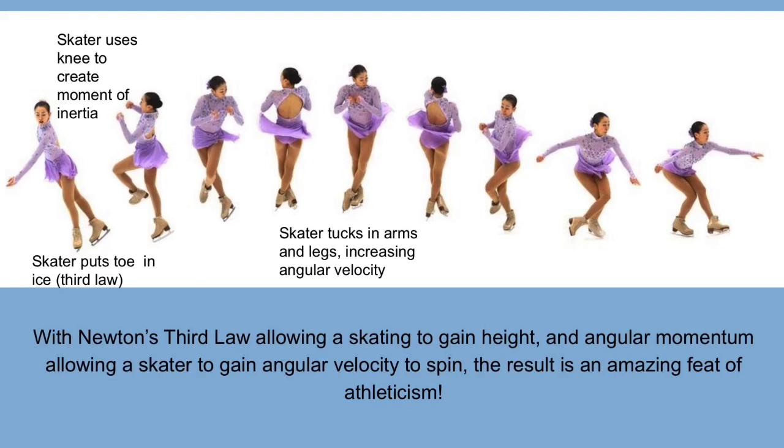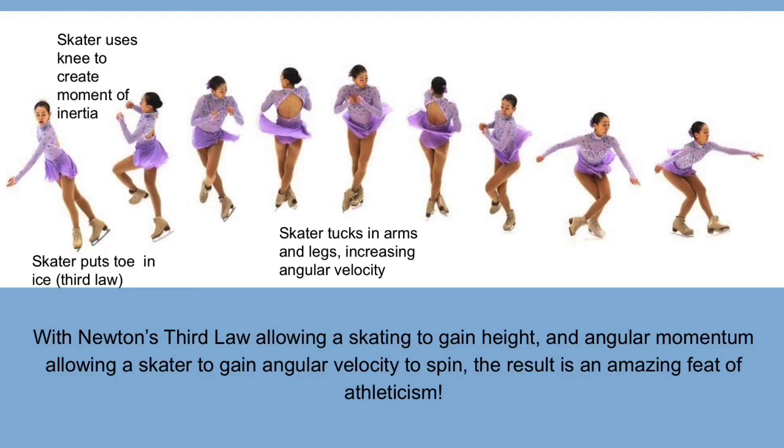And because they do this, they're able to rotate several revolutions and then land afterwards. And this takes years to master. This is why lots of people can't even do the maximum amount of spins in the air, which is 4, and only a rare few are able to do that.